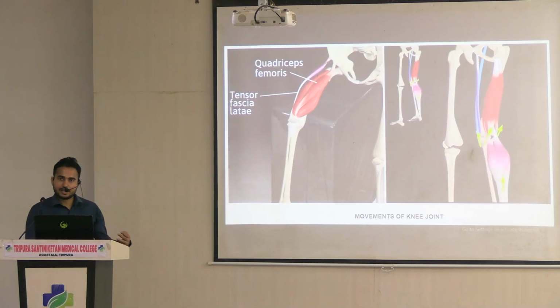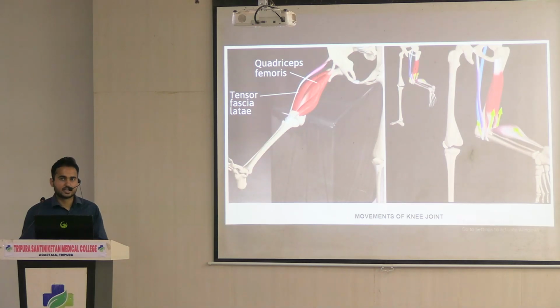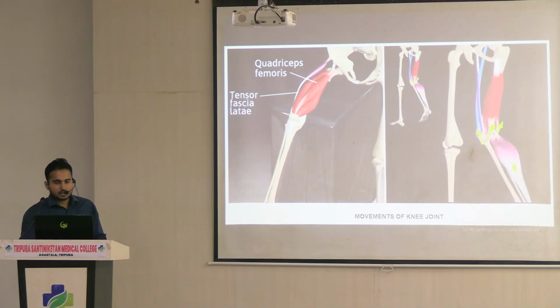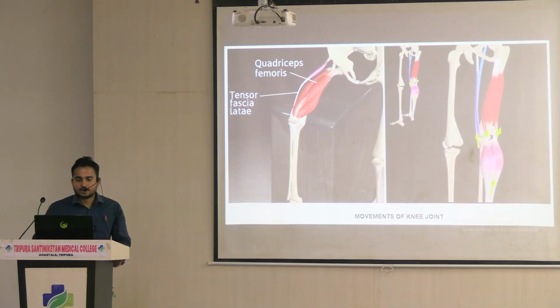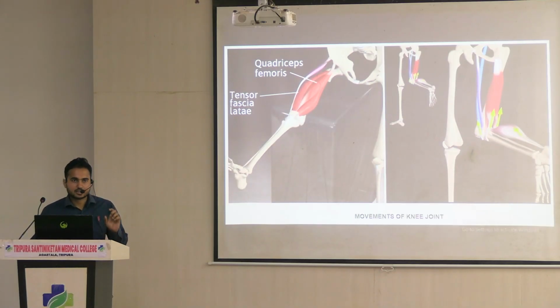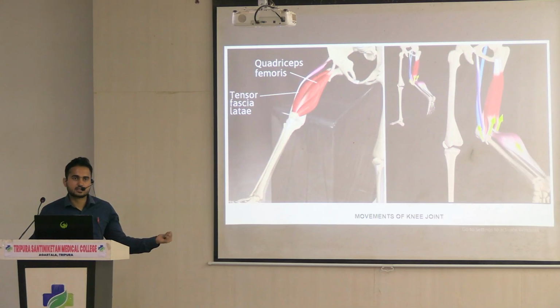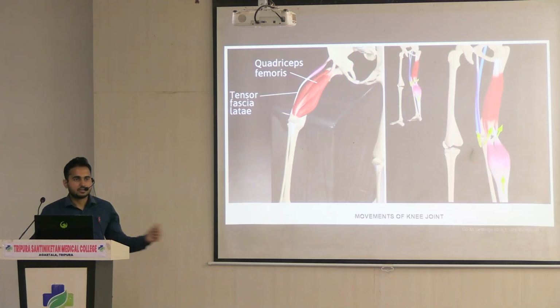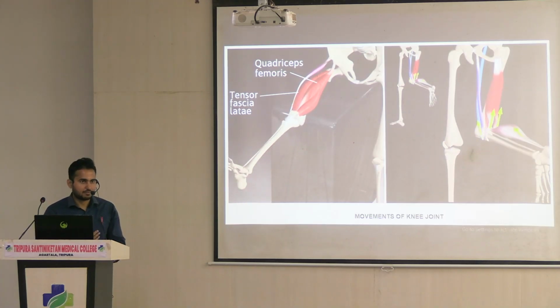And you can see how the angle is decreasing in flexion and increasing in extension. Now, please note that the flexion and extension you can see in this animation looks very easy, but actually it is not that simple.